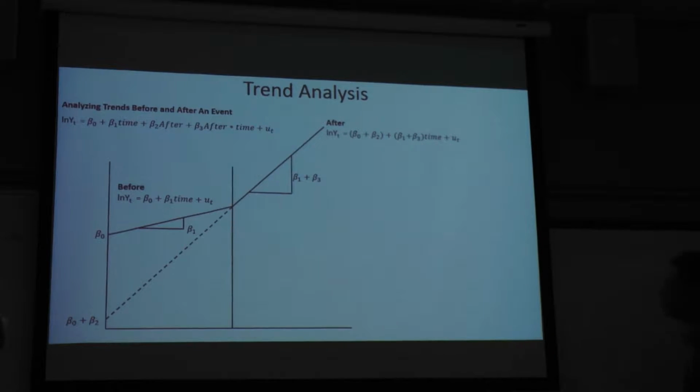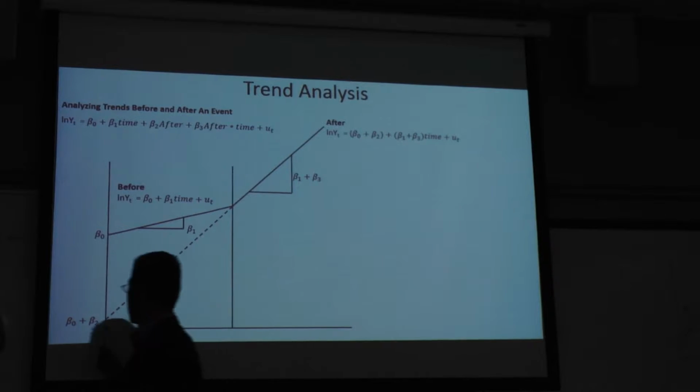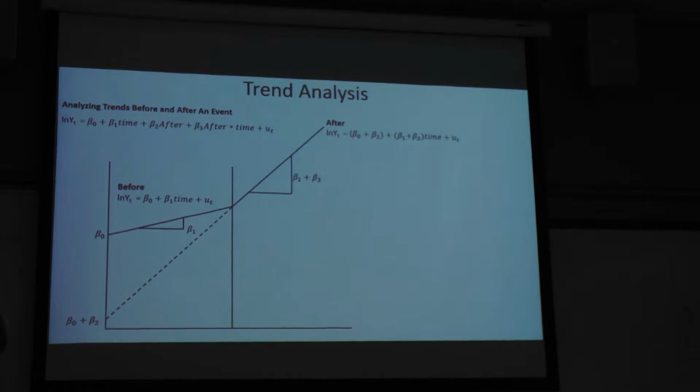And as we said, beta 2 represents the difference in intercepts relative to before. And beta 3 represents the difference in slopes relative to before. But as you can see, it really is two separate lines. One's going that way, one's going that way.